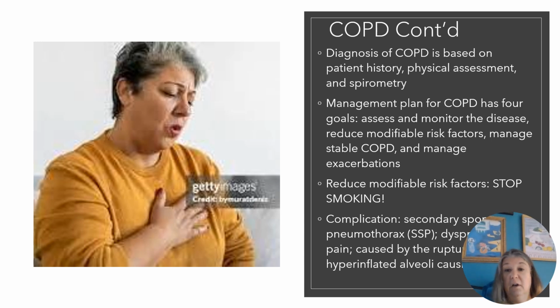Let's see. One of the complications, you can end up with a spontaneous pneumothorax. This can cause, so we have our alveoli, right? They are hyperinflated. We talked about barotrauma. Remember that when we were talking about like COVID and that sort of thing?